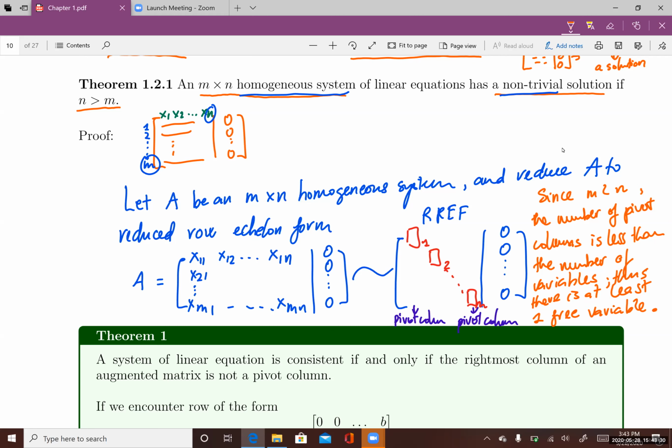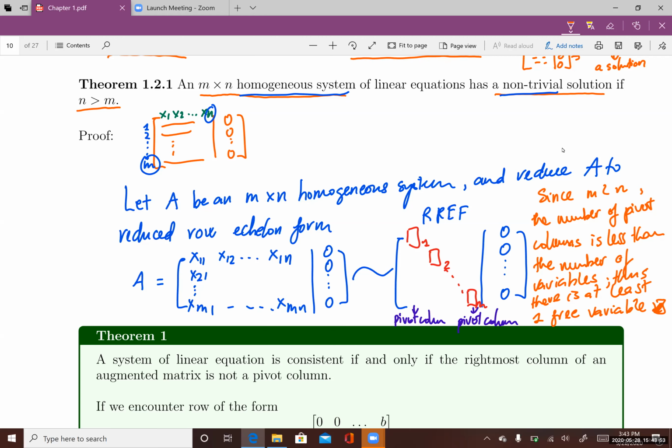That means you have at least one free variable. If you have at least one free variable, that means the system will have many solutions. And if the system has many solutions, that proves that the system here has non-trivial solutions. This is what we want to show.